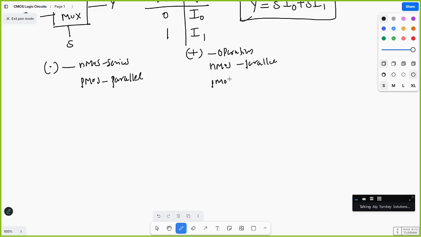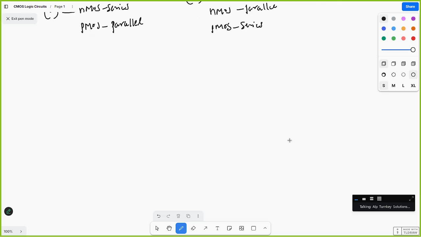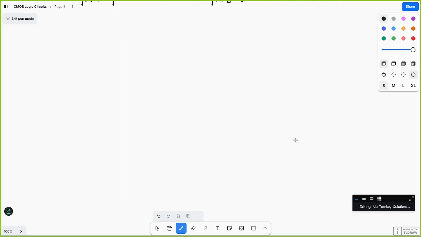Based on this you can implement this circuit. So Y equal to S bar I0 plus S I1. This is a Boolean equation only.